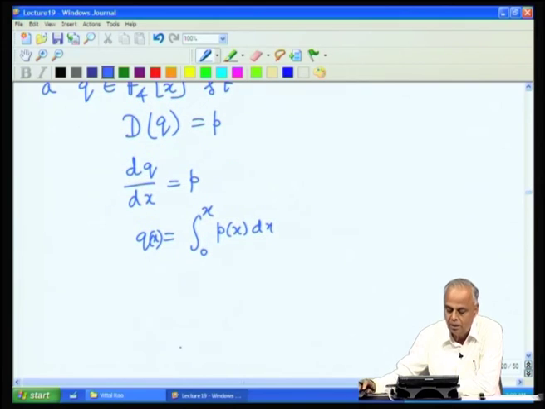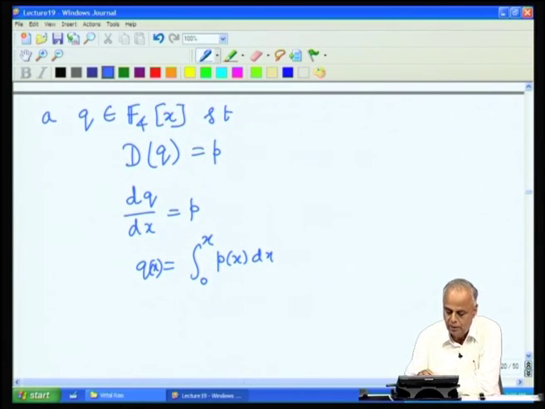But then if you take any polynomial of degree 4, the integral will become a polynomial of degree 5. And therefore, we want q to belong to F4[x]. So, in order that q is a polynomial of degree less than or equal to 4, p must be a polynomial of degree less than or equal to 3.